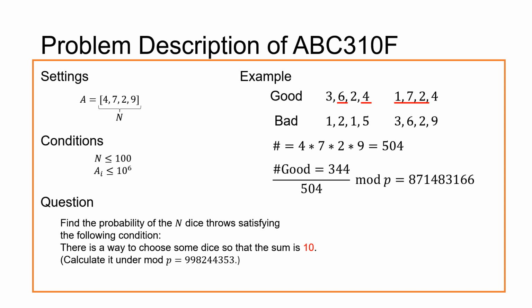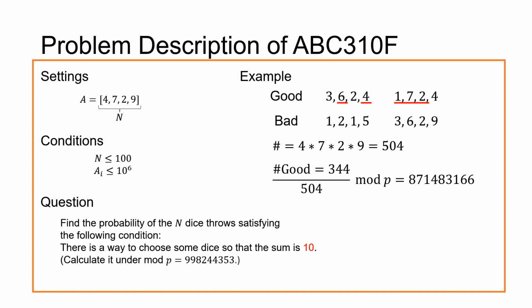Let's check our understanding of the problem with the example. See the good cases of 4 throws. 3, 6, 2, 4 satisfies the condition because 6 plus 4 is 10. So we can choose the second and the fourth dice to make 10. 1, 7, 2, 4 also satisfies the condition.